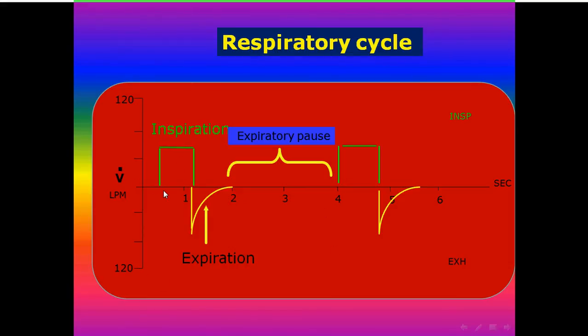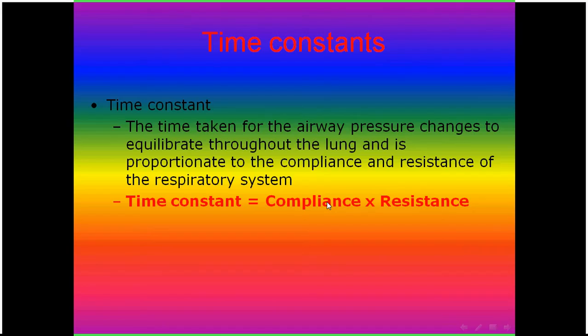Normally, this is the inspiratory time. This is the duty cycle. This is the inspiratory time, the expiratory time, and this is the expiratory pause. Look at this. Before that, we have to take care what is meant by time constant. You are talking about the expiratory time constant. This is the time required for the exhalation of about 63% of the tidal volume. So this time constant equals the compliance multiplied by the expiratory resistance, expiratory, not the inspiratory resistance.